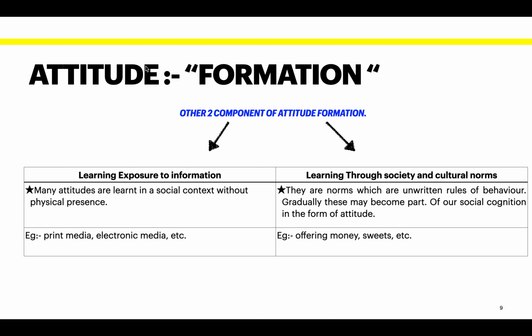Now learning through norms, which are unwritten rules of behavior. Gradually these may become part of our social cognition in the form of attitude. An example is offering money, sweets. It is the learning which you do through some form of cultural activities.